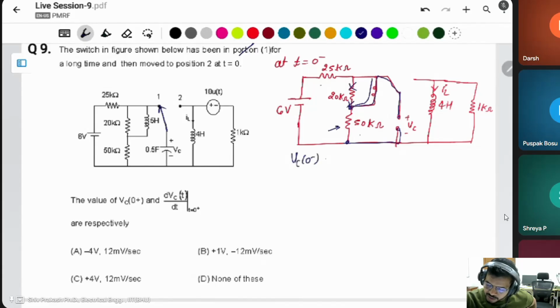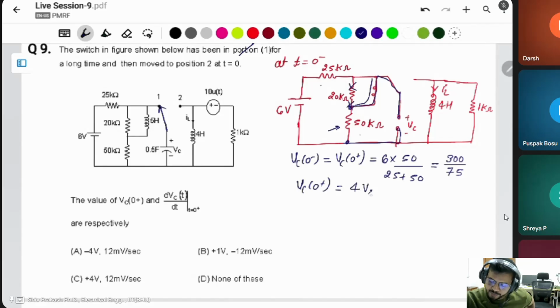Vc 0 minus is equal to Vc 0 plus, the same initial voltage of the capacitor: 6 volt into 50 divided by these two resistors, 25 plus 50. There is no meaning of the 20 kilo ohm. The 300 divided by 75, then Vc initial voltage of this one is equal to 4 volt.